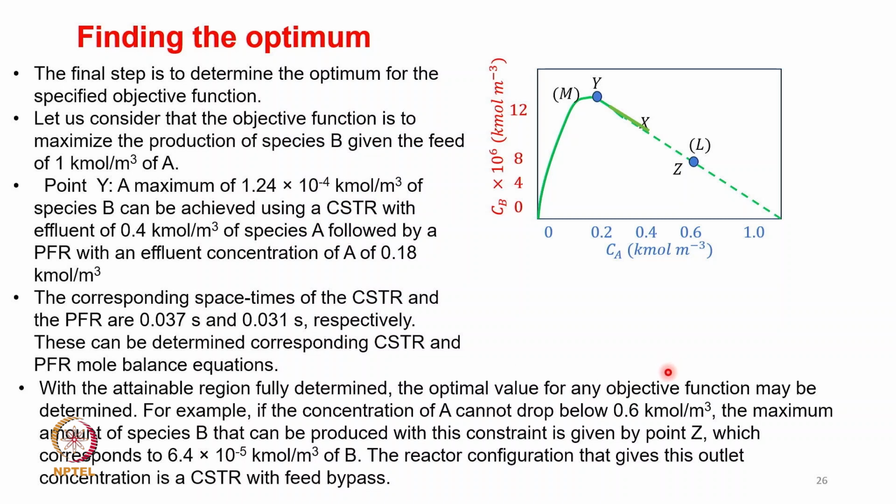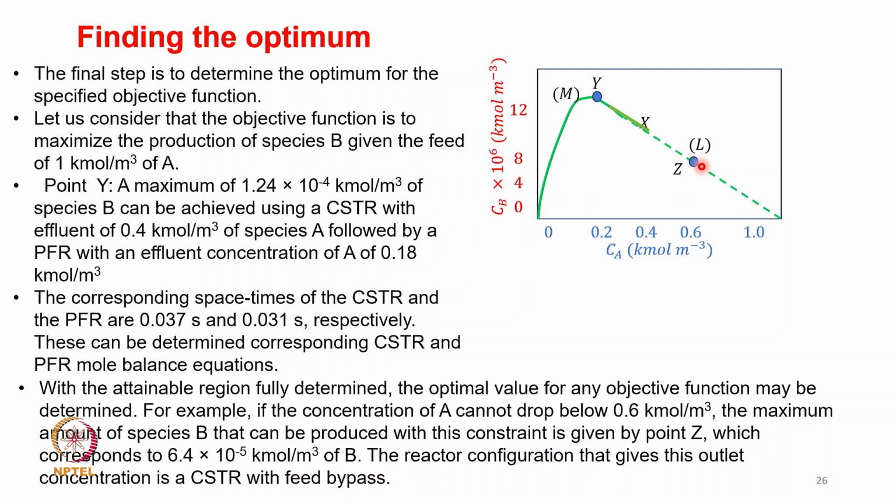For instance, let us say you have further constraints. This is one attainable region, and if you have a constraint that the concentration of A cannot drop below 0.6, which essentially means that you have to operate here or beyond. So, you cannot operate over here. This corresponds to this point Z. So, C is corresponding to, let us say, 0.6 kilomole per meter cube, and you will have the corresponding CB over here.